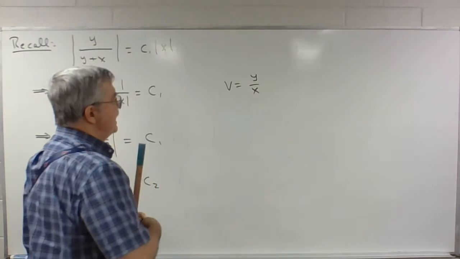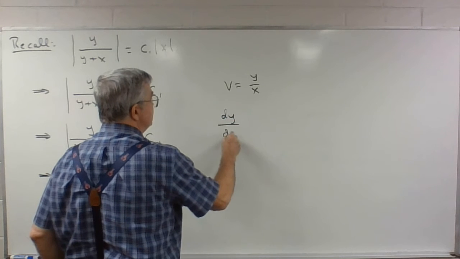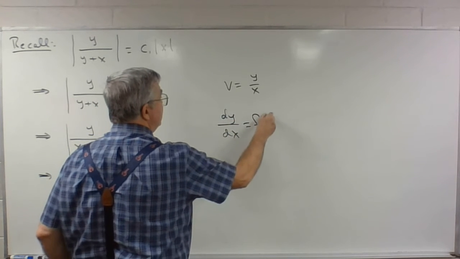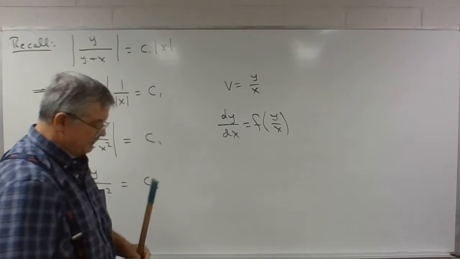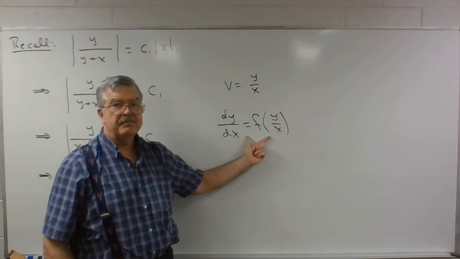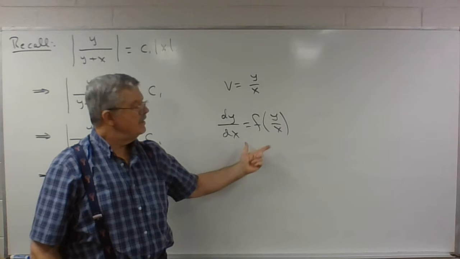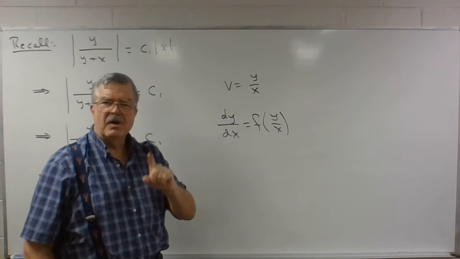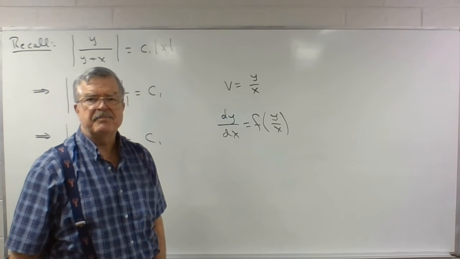And when I say that, I'm saying we have a differential equation that can be written in this form. This is a homogeneous differential equation. If we make this substitution into that equation, then the new equation can always be separated. The variables can always be separated.